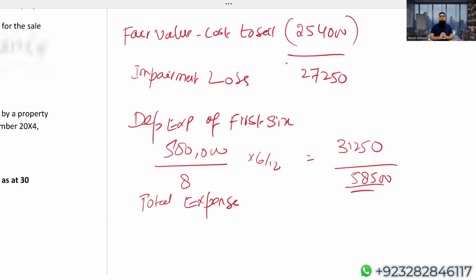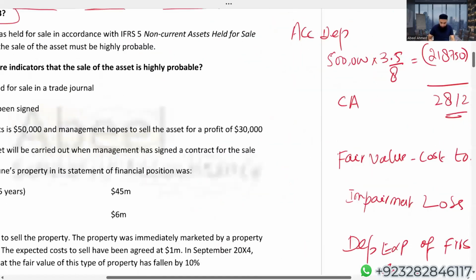The question says give us the total expense. There are two components of total expense: one is the impairment loss, and another is the depreciation expense of the first 6 months, because after applying IFRS 5, we know there is no depreciation. I hope this is crystal clear to everyone. Let's go ahead.